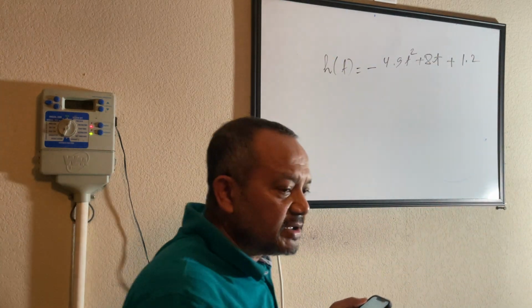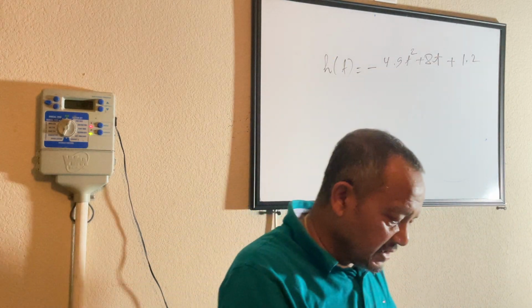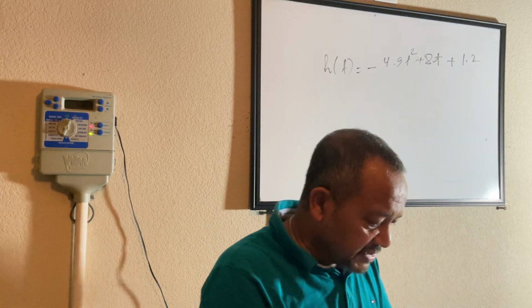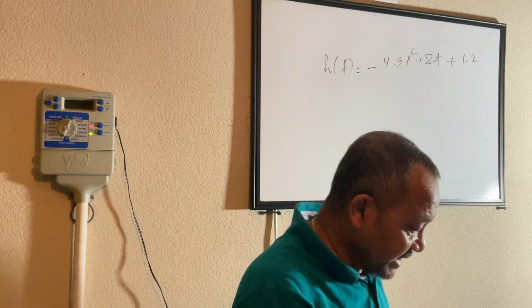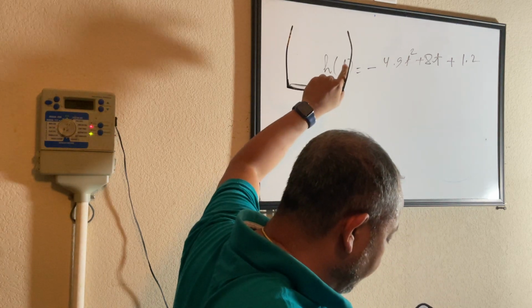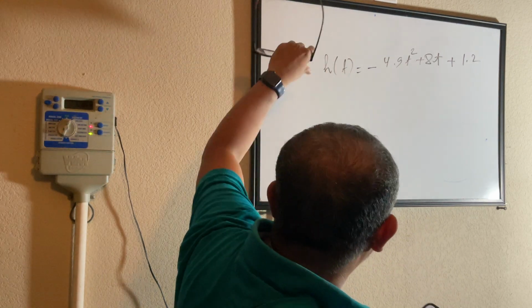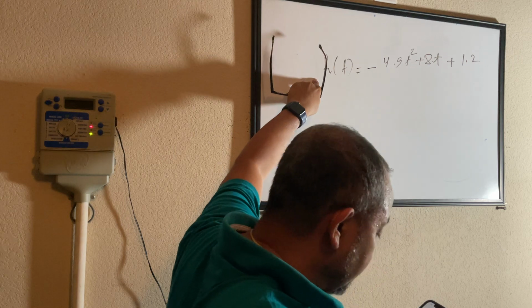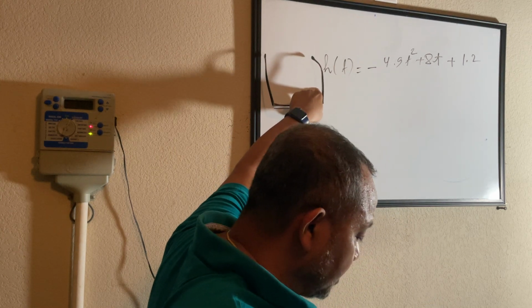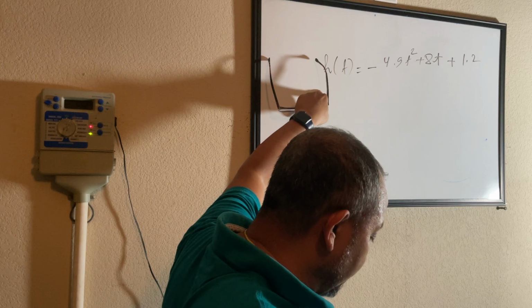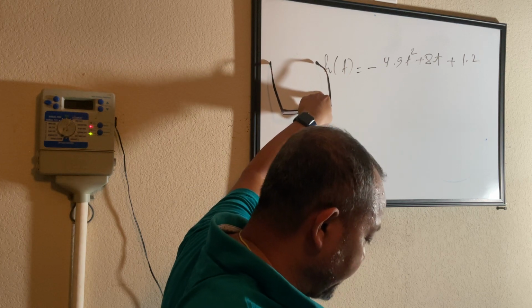The function above models the height, in meters, of a basketball above ground t seconds after being thrown straight up in the air.